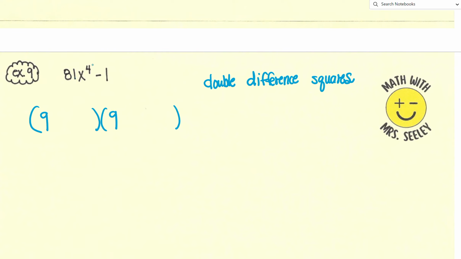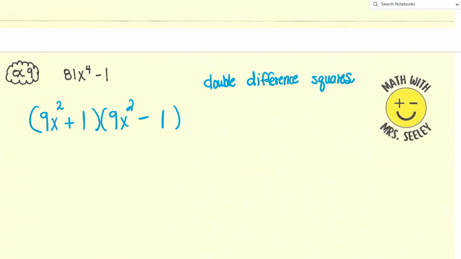Now x to the fourth, we usually see x squared, but this time we see x to the fourth. But x to the fourth is still a perfect square. That's x squared times x squared. And 1 is a perfect square. Sometimes students don't think about 1 being a square, but it is because it's the same thing times itself, 1 times 1. I need a plus and I need a minus.